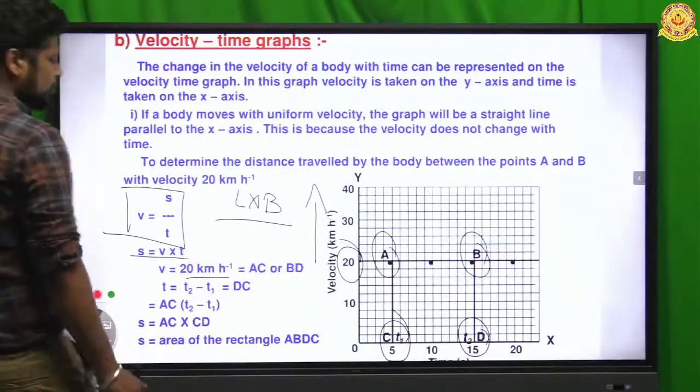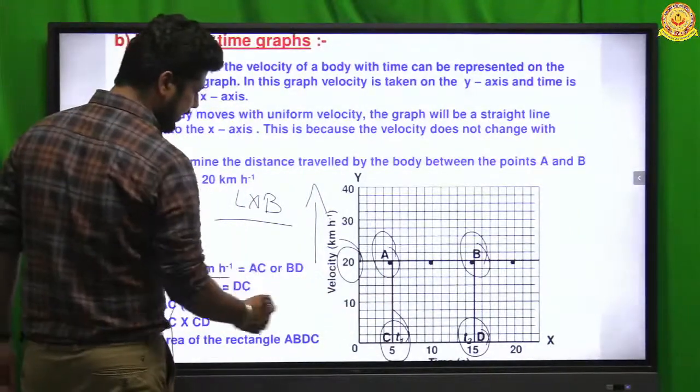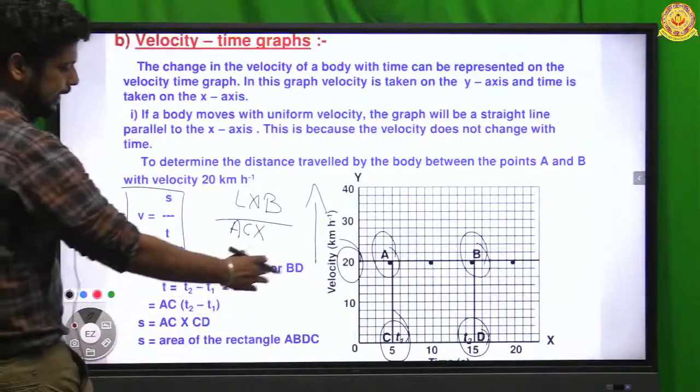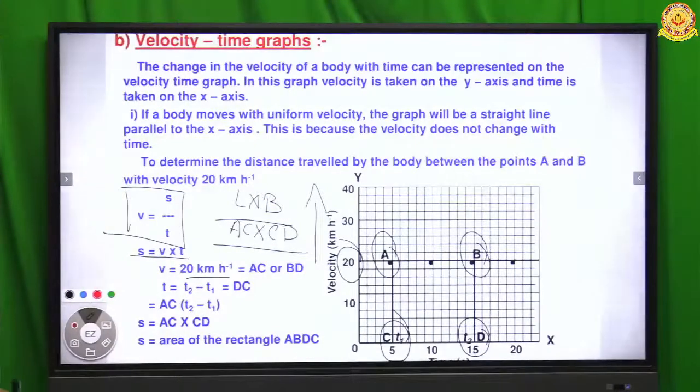Length is 20, AC we can write as length, and CD as breadth. So AC multiplied by CD is the area of the rectangle, and we get the particular displacement.